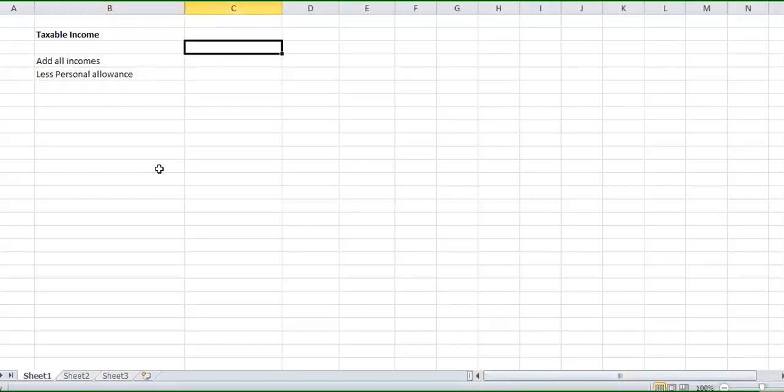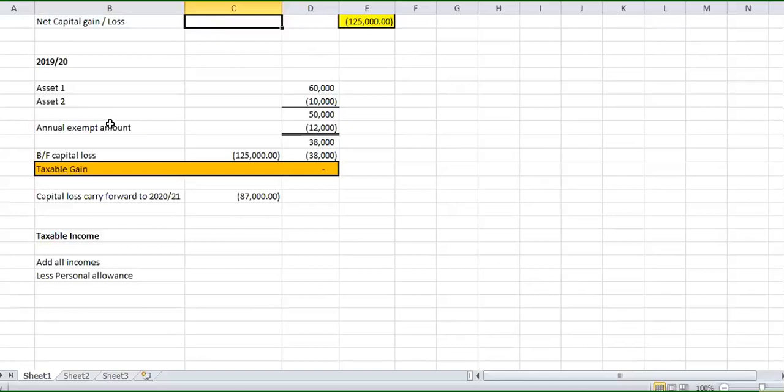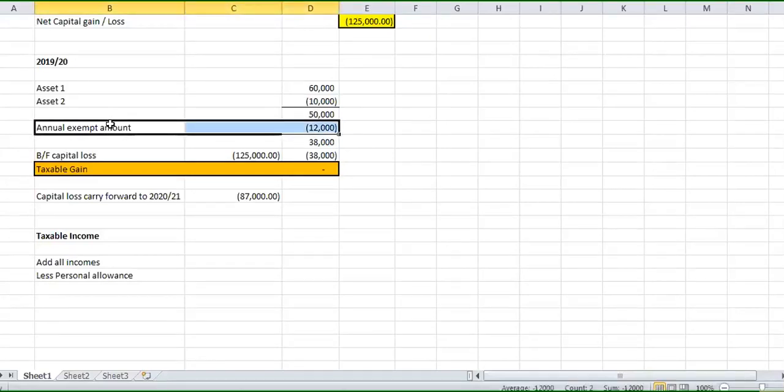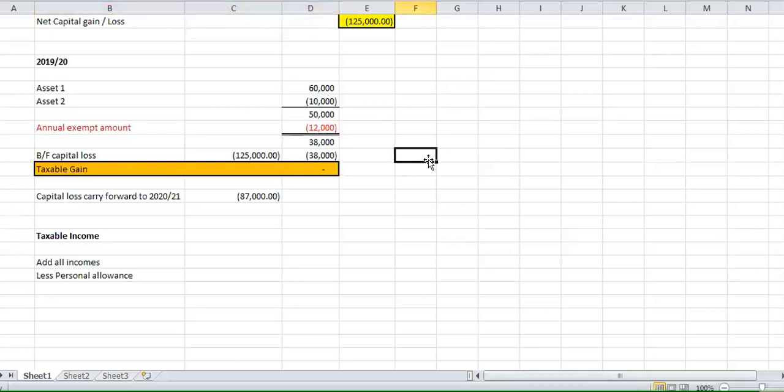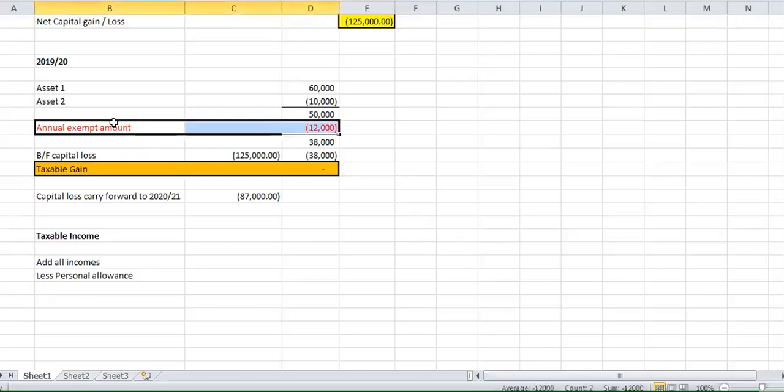Just like capital gains tax, where we discussed the annual exempt amount, students, the annual exempt amount is a relaxation available to every individual every year.